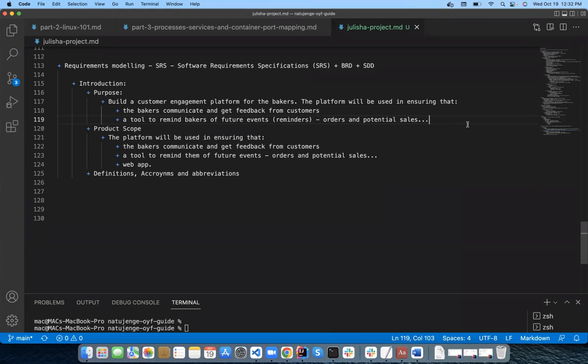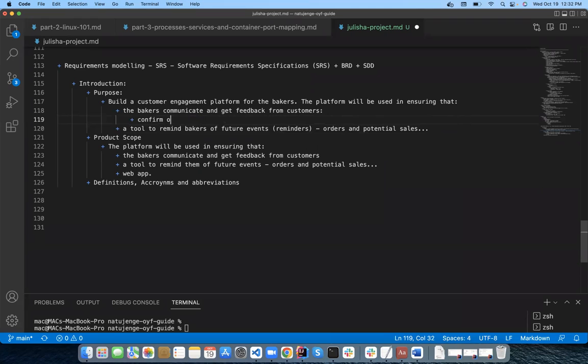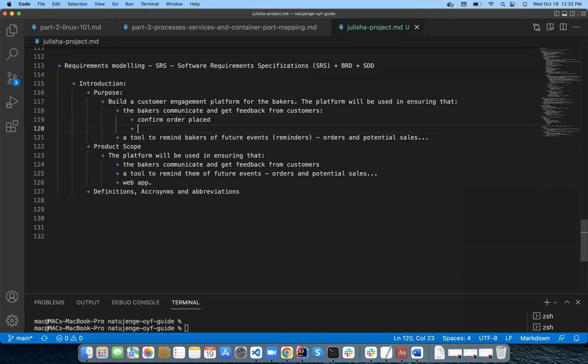It can be used to confirm an order placed. You can also get feedback from the customers. You can also confirm delivered orders.